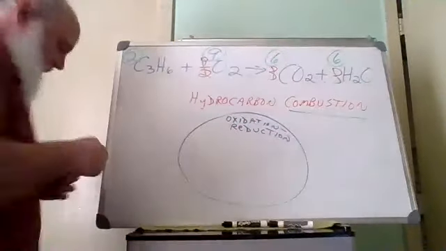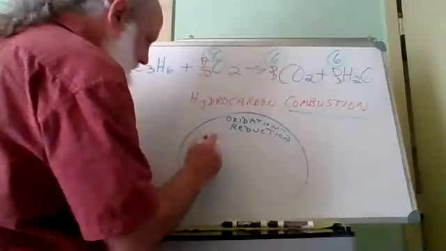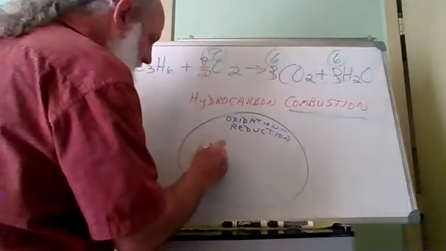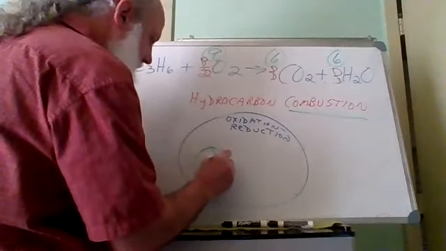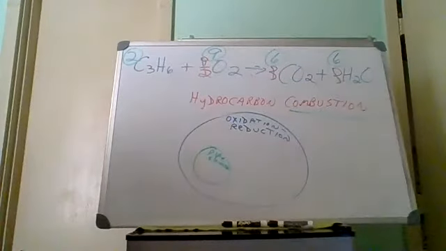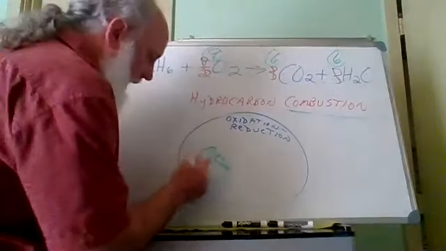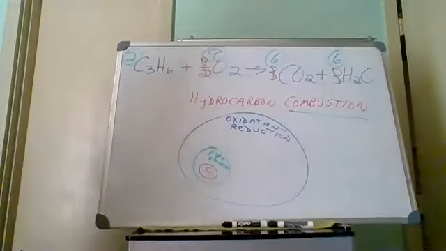Now, some of them have pure elements, and some of the ones that have pure elements are combustion reactions. I'm just going to write a C there because I don't have room to write it all out.